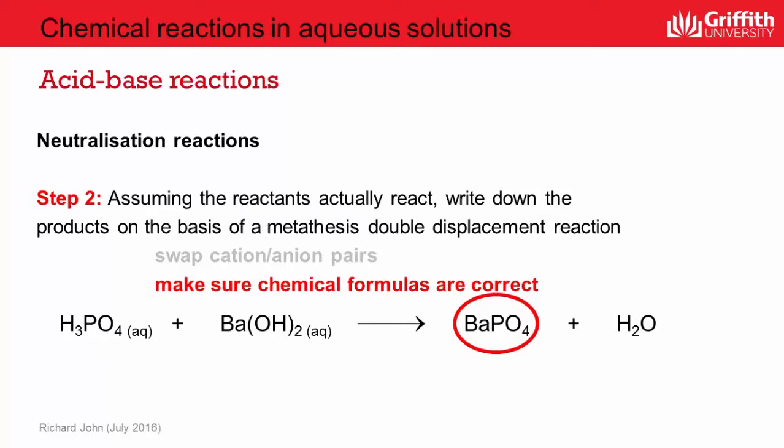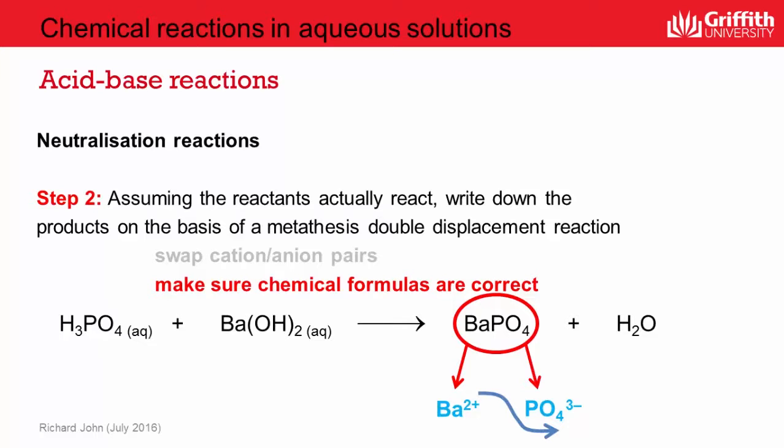In terms of this barium phosphate, we've got to ask ourselves, is this the correct chemical formula for barium phosphate? Do barium ions and phosphate ions come together in a 1-to-1 ratio like this? Well, the barium ion is a 2+ ion because barium is a group 2 metal, and the phosphate ion is a 3- ion.